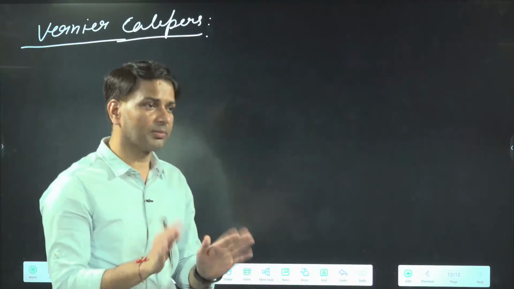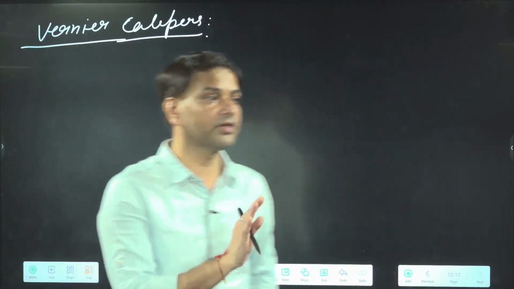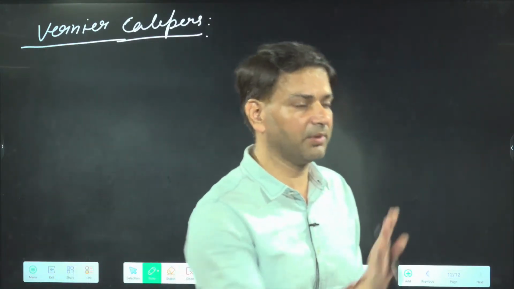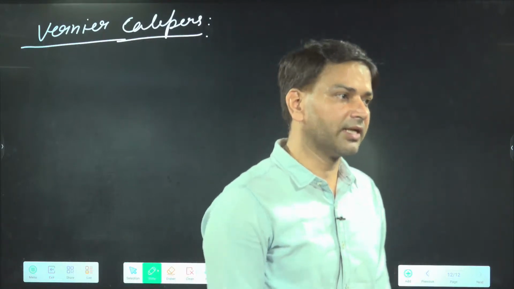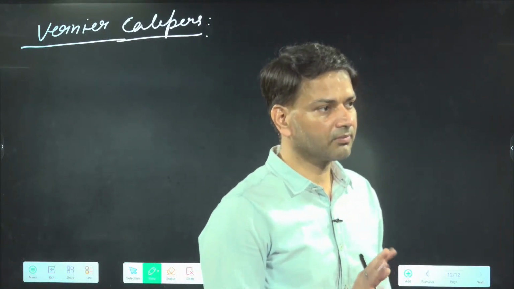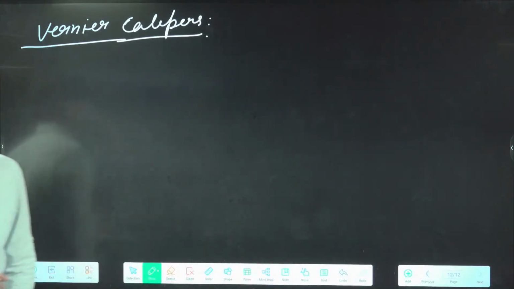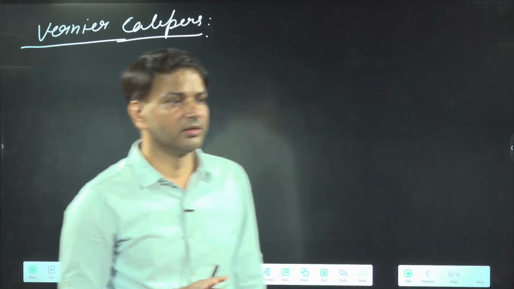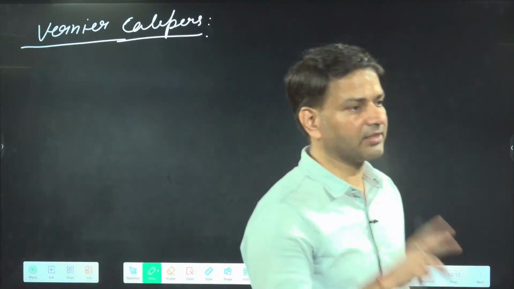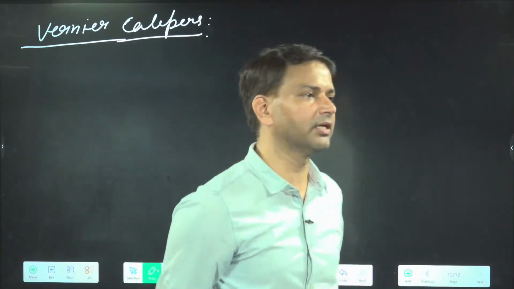That is what we construct in a factory, a vernier calipers with a least count of 0.01 centimeter. Yes or no? Getting my point or not? So vernier calipers can measure up to 2 decimal places of the centimeter.